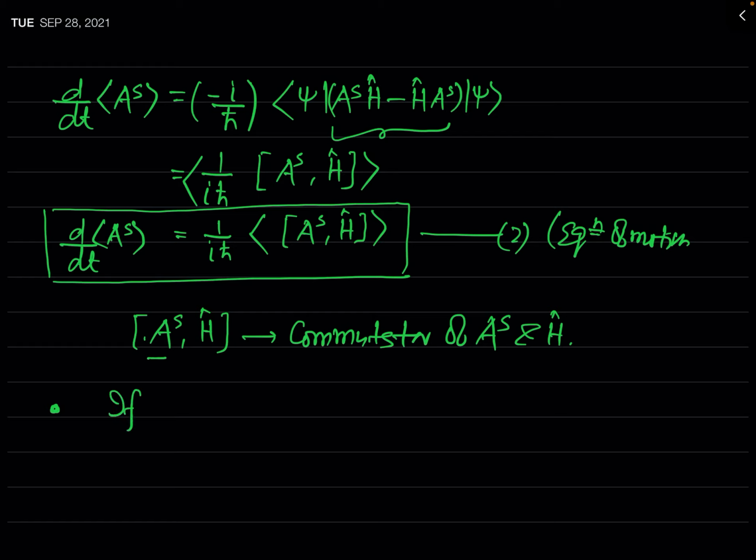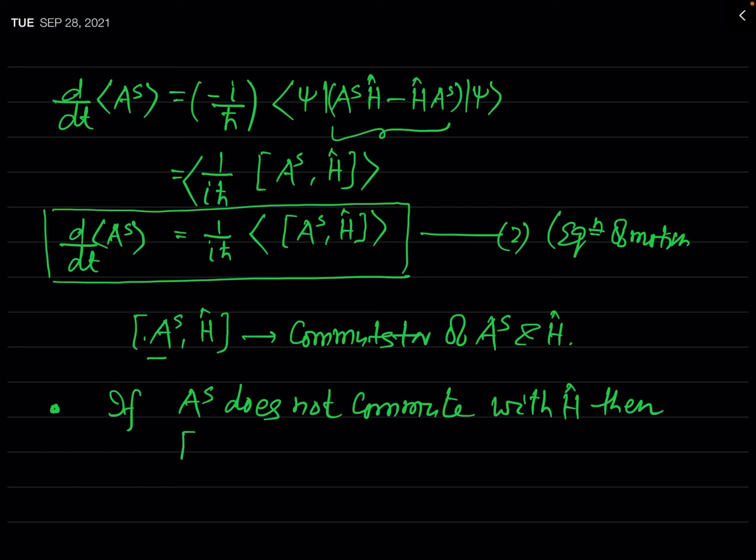So if AS commutes with H hat, then this commutator of AS and H hat will be 0, and therefore in that condition you can say that d/dt of the expectation value of AS is equal to 0.